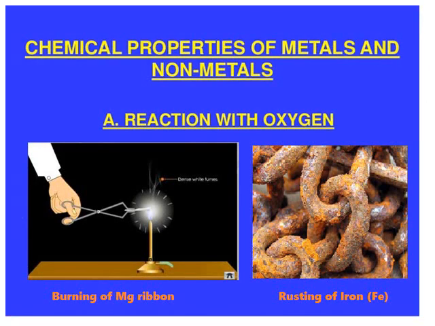Children, carefully observe the two pictures which are given in this slide. The first one represents the burning of magnesium ribbon. Magnesium, as you all know, is a metal. When a piece of magnesium ribbon is introduced into the fire, you can see how sparkling light it gives.